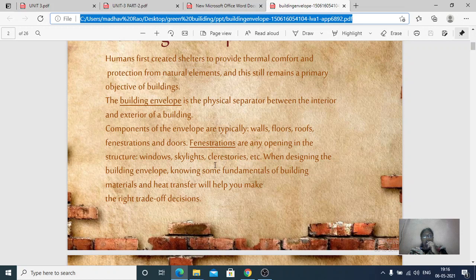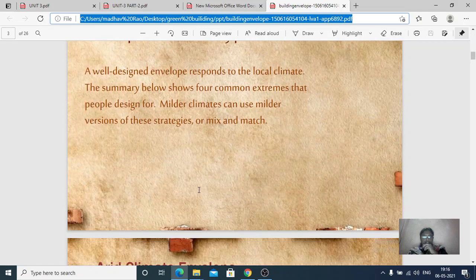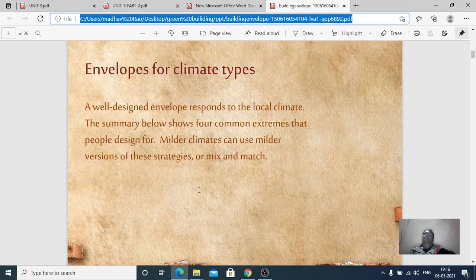Fenestrations are any openings in the structure like windows, skylights, clerestories, etc. When designing the building envelope, knowing some fundamentals of building materials and heat transfer will help you make the right trade-off decisions.